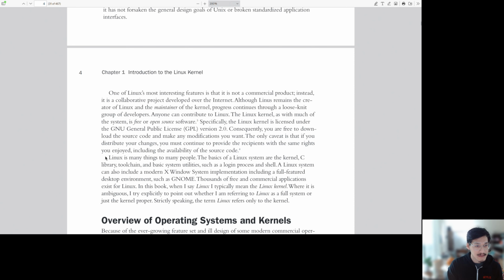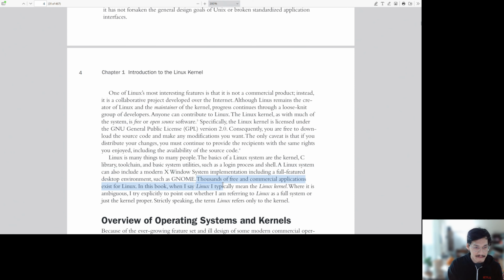Linux is many things to many people. The basics of a Linux system are a kernel, C library, toolchain, and basic system utilities, such as a login process and shell. A Linux system can also include a modern X Windows system implementation, including a full-featured desktop environment such as GNOME.